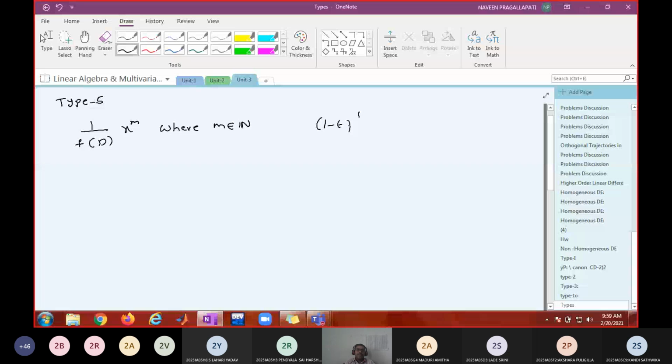Right? Similarly, what will be 1 plus t whole power minus 1 expansion? 1 minus t plus t square minus t cube plus and so on. Do you agree? What is 1 minus t whole power minus 2 expansion?